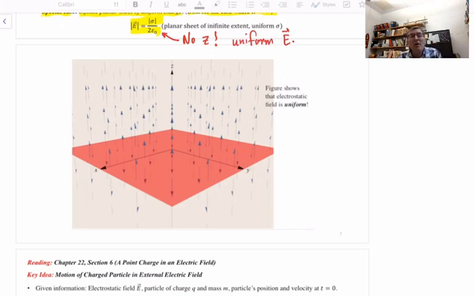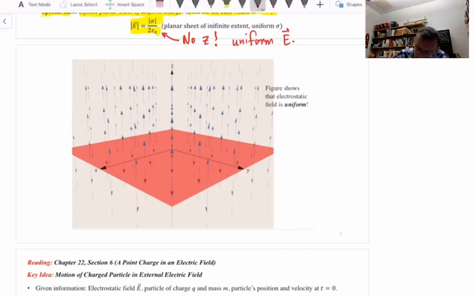And no matter where you are, above or below, the electric field has the same magnitude. So if you're here, it's up at magnitude sigma over 2 epsilon 0. If you're up here, it's the same magnitude and direction, sigma over 2 epsilon 0. It's the same everywhere.